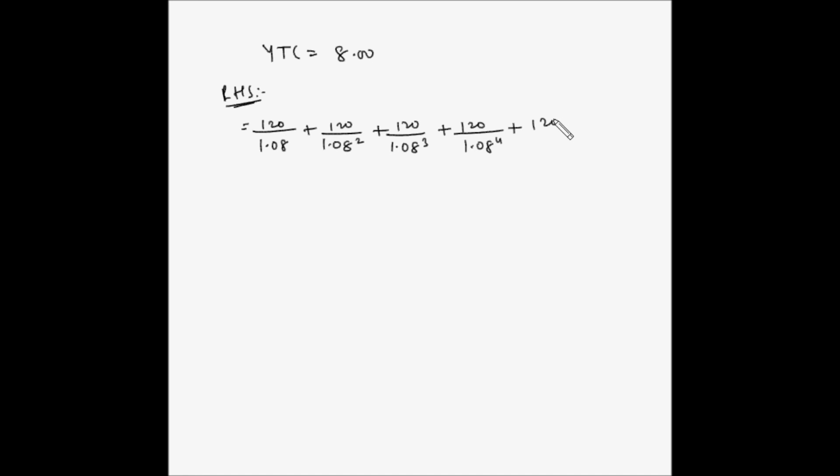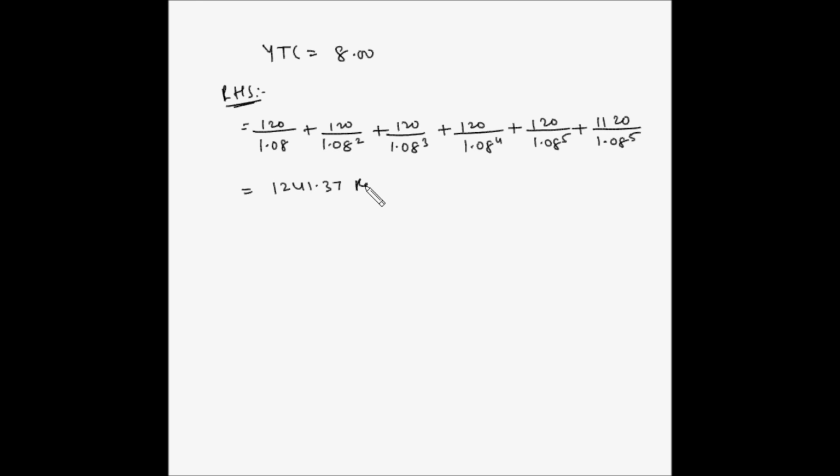So the right hand side becomes 120 divided by 1.08 plus 120 divided by 1.08 square plus 120 divided by 1.08 cube plus 120 divided by 1.08 to the power 4 plus 120 divided by 1.08 to the power 5 plus 1120 divided by 1.08 to the power 5.